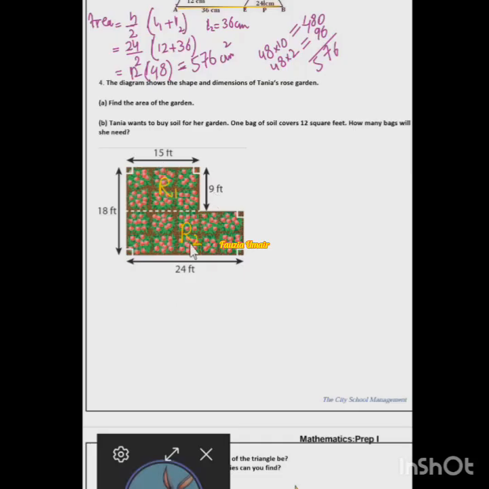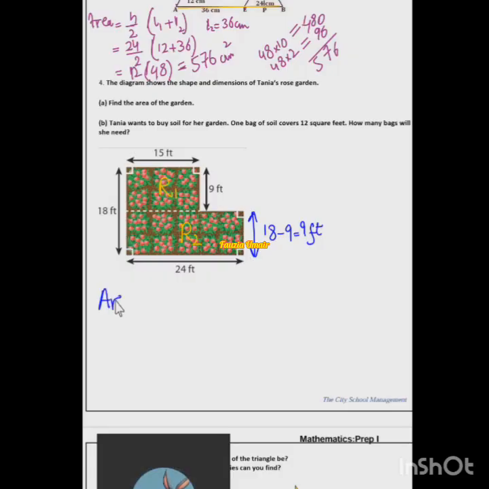But what about rectangle 2? I know this side is 24, but what is the height, the length or breadth, whatever you call it? Ma'am, the total is 18. So we'll minus 9 from it. 18 minus 9 is 9 feet.